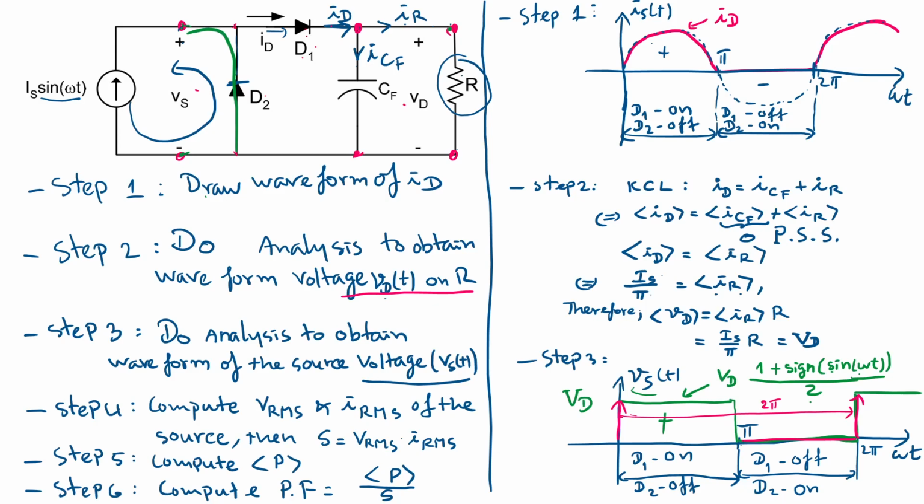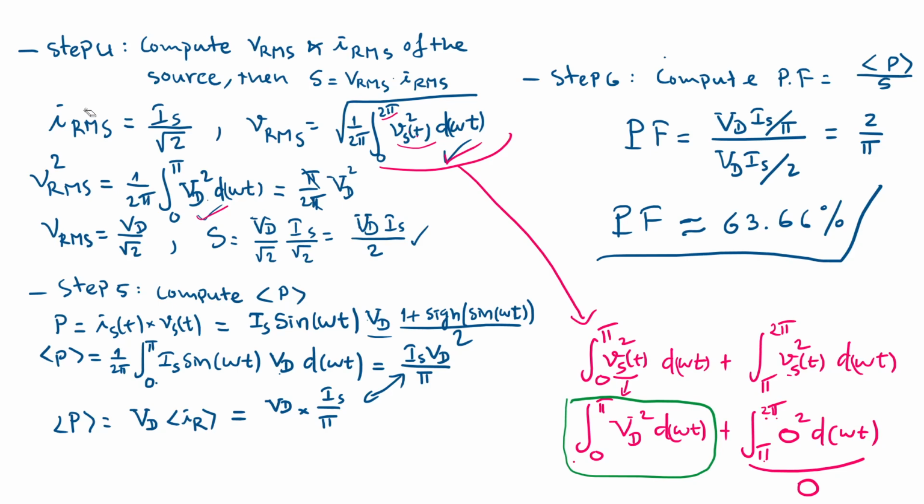Then, step 4, you can compute the root mean square of voltage and current, so you can calculate the apparent power S. Because I is a sine wave, its root mean square is just the amplitude divided by the square root of 2.